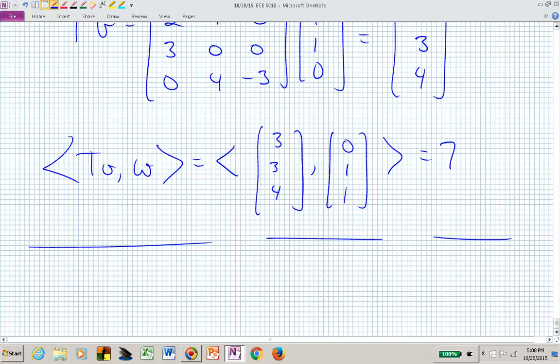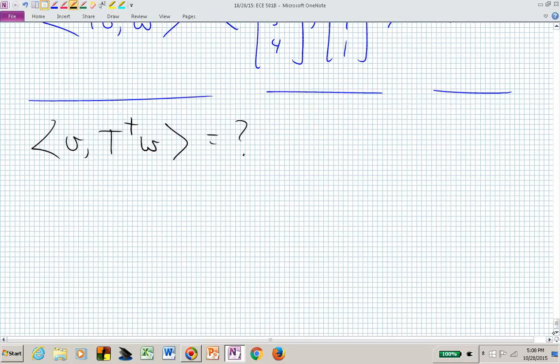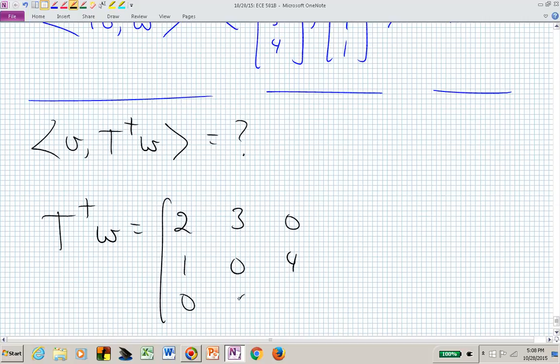What good is that? If I'm supposed to be checking my work, what should that equal? That better equal V, comma, T dagger W. If we now look at that, we have T dagger W. T dagger was 2, 3, 0, 1, 0, 4, 0, 0, minus 3.